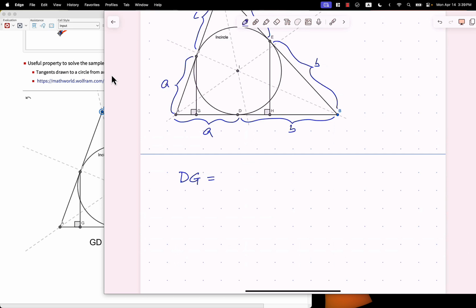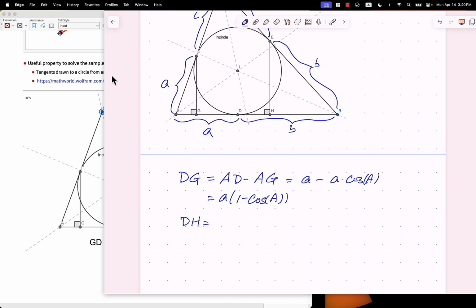So DG is AD minus AG, right? And AD is equal to a, and AG is a times cosine A. So it is a times 1 minus cosine A. And DH is quite similar.